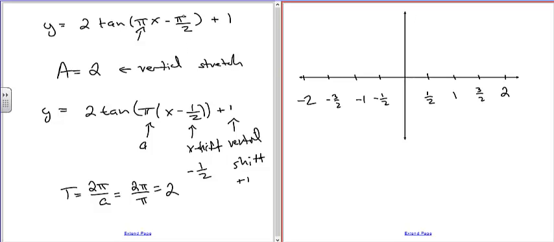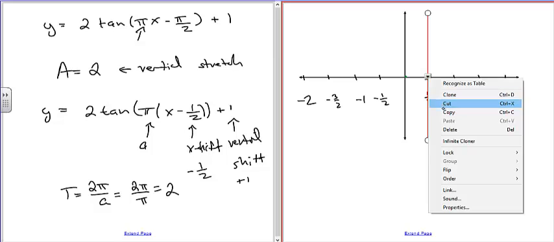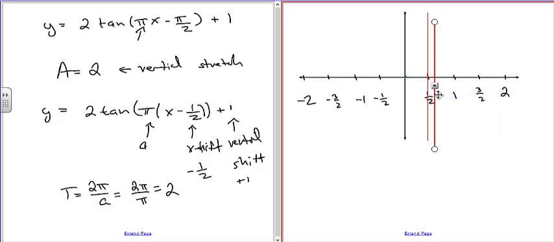Now we're going to have this x shift, which we're going to reflect through the vertical asymptotes. Normally we would have this point, which would be the tangent of 0 is 0, and then we'd have two vertical asymptotes, one that goes to the left a quarter period and one that goes to the right a quarter period, such that the distance between the vertical asymptotes is half a period.